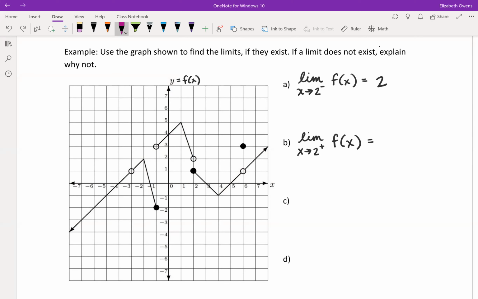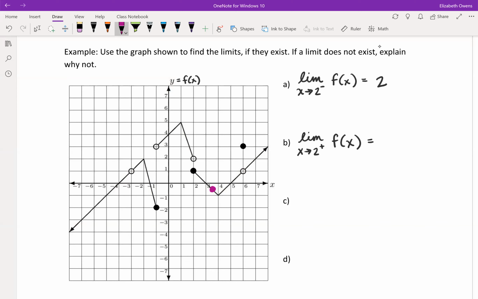But now we want to start to the right of 2. So we want to be on this portion of the function somewhere. And again, you don't need to be too far away from 2. We were really interested in getting very close to 2. So you might put a finger on the function about here.